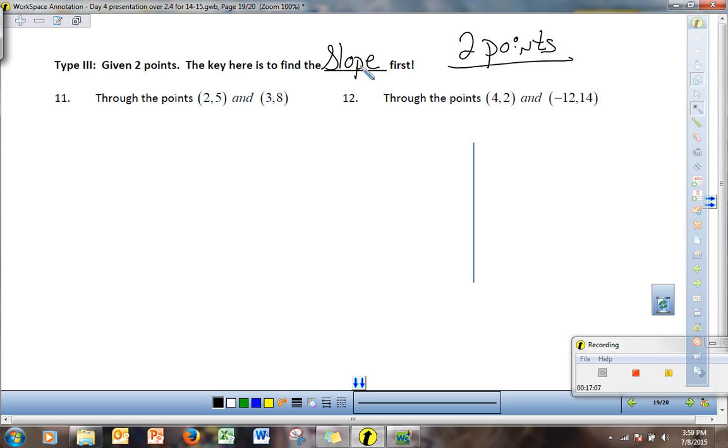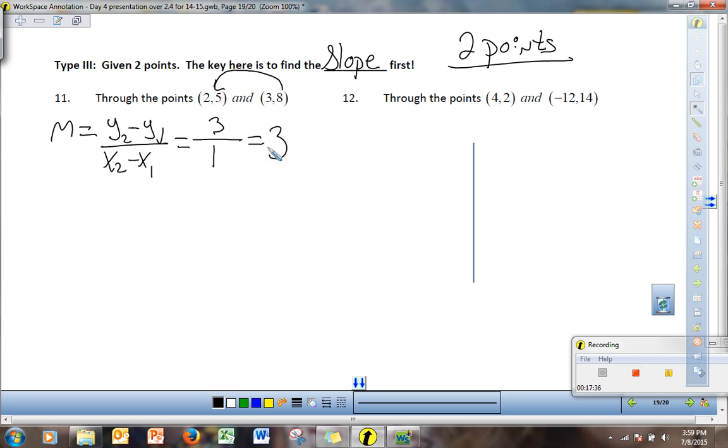And then it's just like what we did before. So remember slope? Y sub 2 minus y sub 1 over x sub 2 minus x sub 1. So I'm going to get 8 minus 5 is 3 over 3 minus 2 is 1. So in this case, my slope is 3.